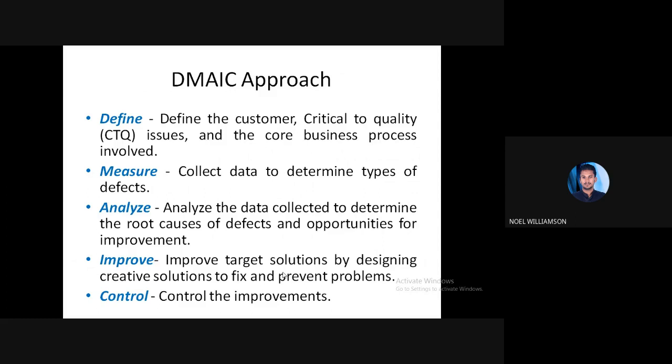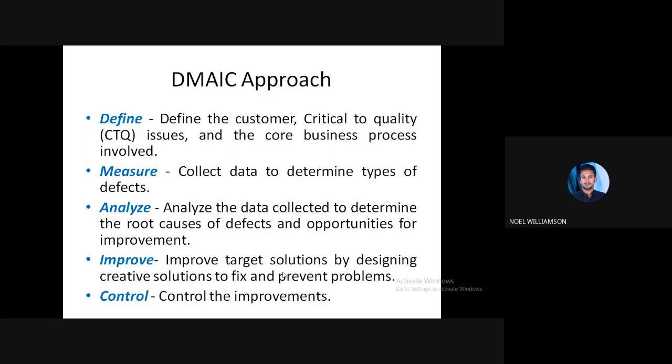Now, in the Six Sigma concept, this is the approach, DMAIC. D means define, M measure, A analyze, I improve, and C control. That is the DMAIC approach. It is a systematic method for analyzing and improving the existing business processes.